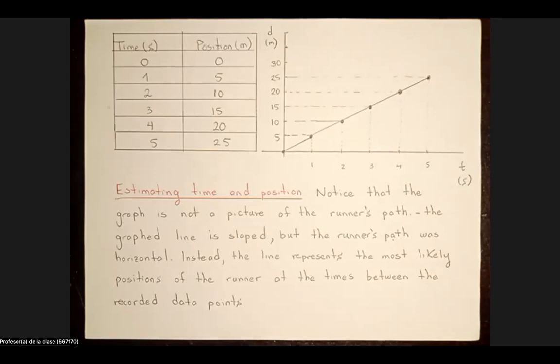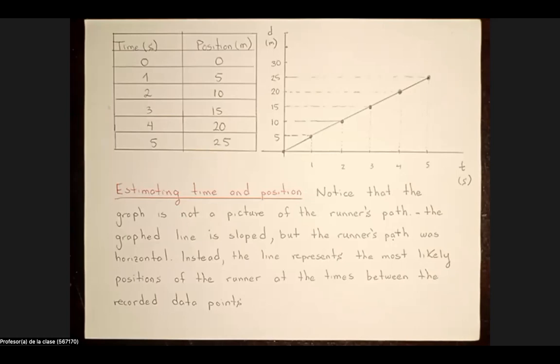Yeah, we are drawing a position time graph using an example, a runner, okay, a lady runner. So this is very important. Graphs are not a picture of the object that is moving.